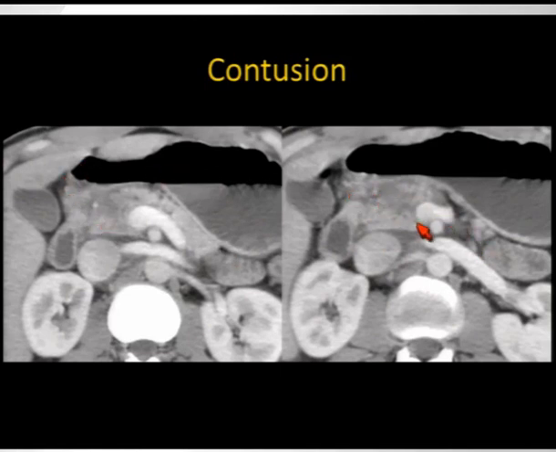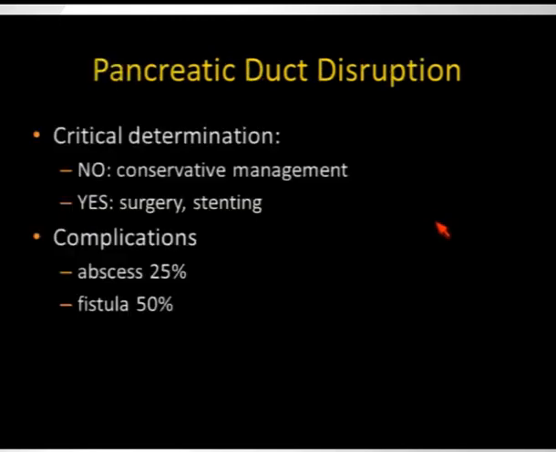Contusions are focal areas of low attenuation in the glandular parenchyma, but we always need to determine whether or not there is pancreatic duct disruption. And we do that by either looking at the CT examination itself or recommending additional studies that will prove definitively whether or not there has been violation of the main duct.